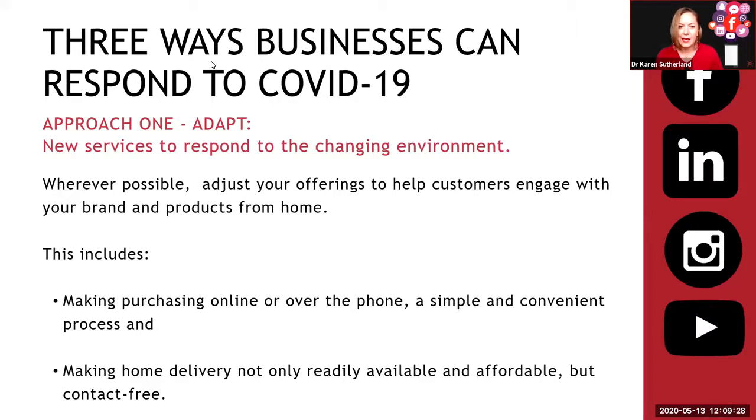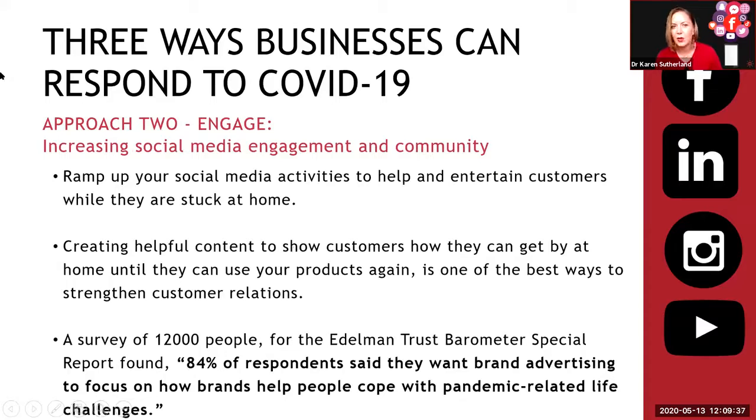I'm just looking at the chat as well. I'm not going to spend too much time on adapt, but let's talk about engage. This is essential, and it's essential generally with social media activity. It's about ramping up those activities to help and entertain your customers when they're stuck at home.